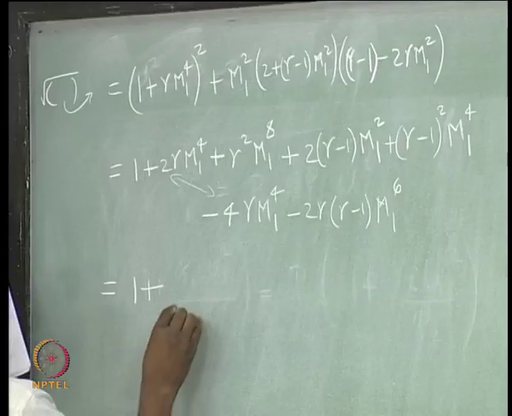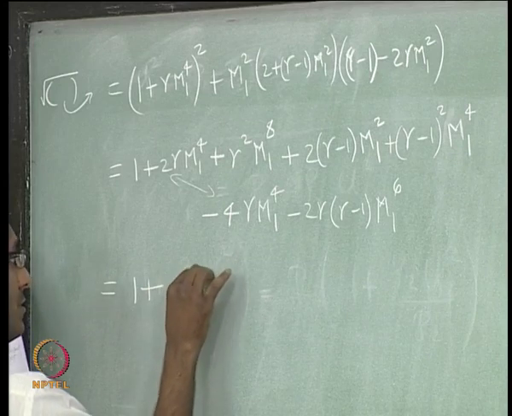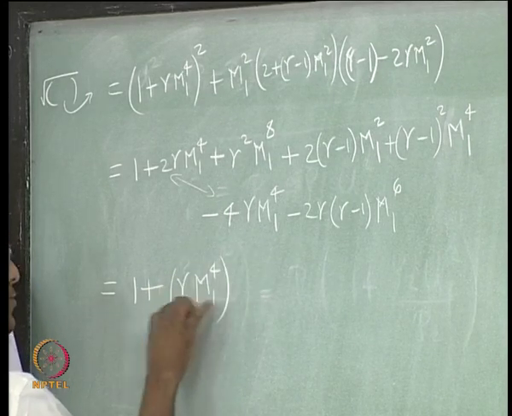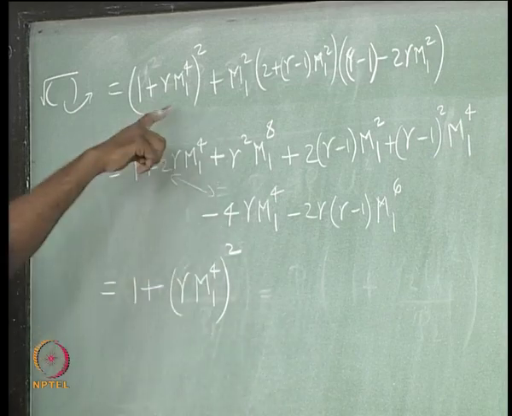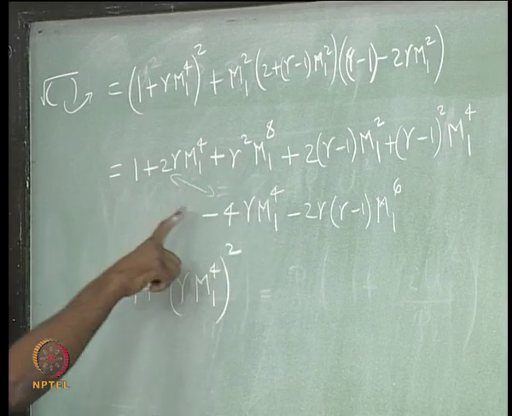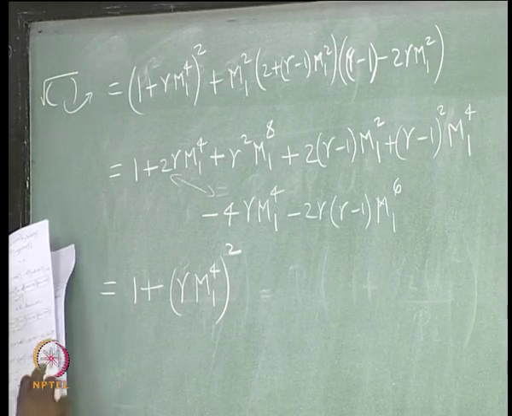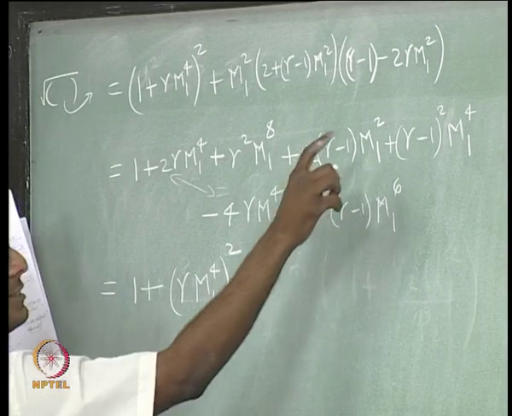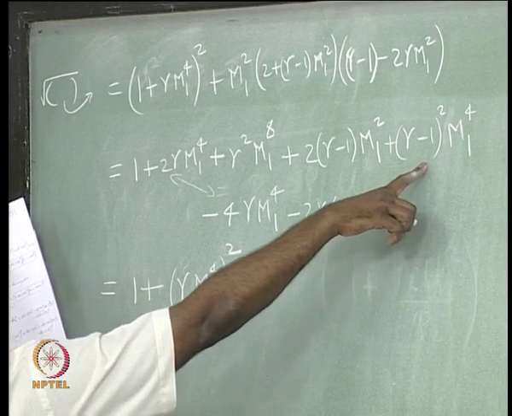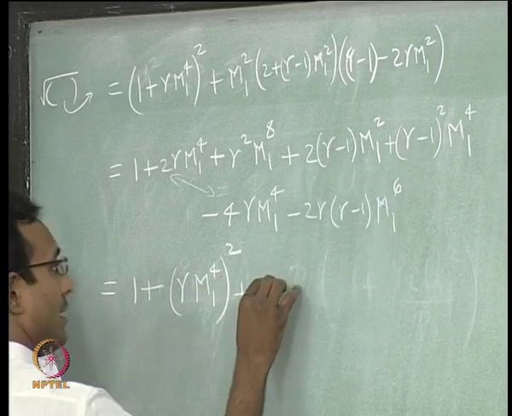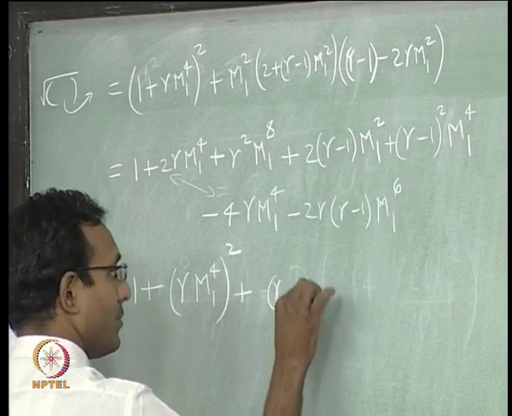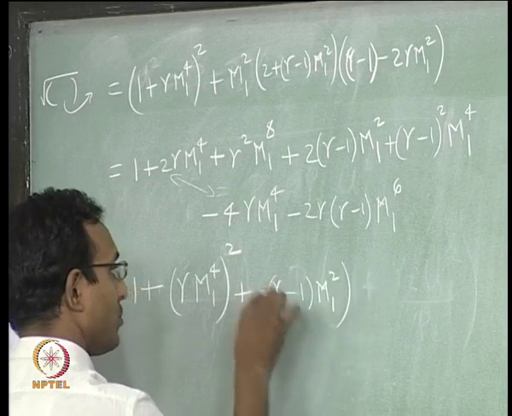I am going to write it as (gamma m1 power 4) whole square, which is what it was originally, this term. I did not write this minus 2 gamma m1 power 4 yet, I will write it next, but before that I will write this gamma minus 1 m1 power 4 term. Okay. I will write that as (gamma minus 1) m1 square, whole square.